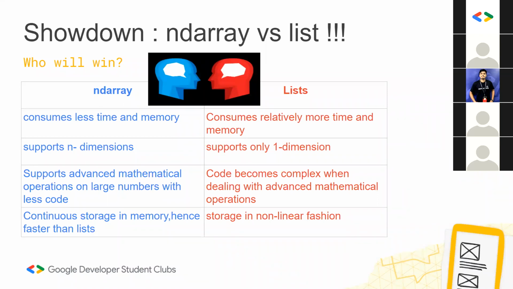Another difference is that ndarray supports advanced mathematical operations on large numbers with less code, whereas in lists, it becomes complex when we deal with advanced mathematical operations. And another fact is that ndarray has continuous storage in memory. Hence, the access is faster than lists. On the other hand, lists are stored in a non-linear fashion. So we can clearly say that the ndarray is the winner here.